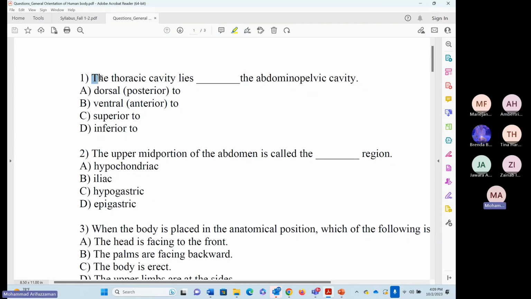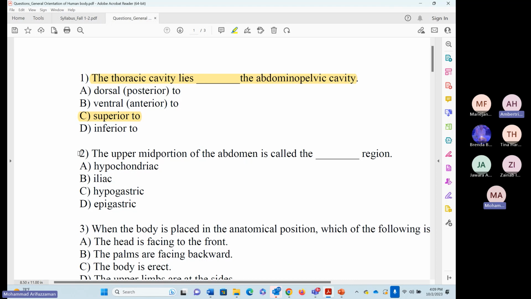Okay, let's start. The first question: the thoracic cavity lies blank to the abdominal cavity. Superior, yes, superior to the abdominal cavity. Superior means above. If you think about the question in a different way, the abdominal cavity lies inferior to the thoracic cavity. Is the relative relationship clear?